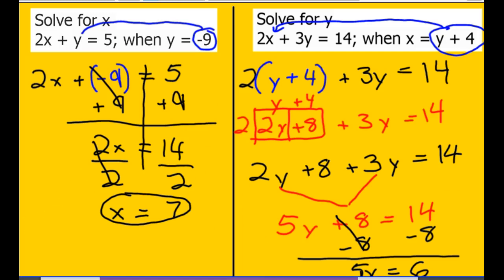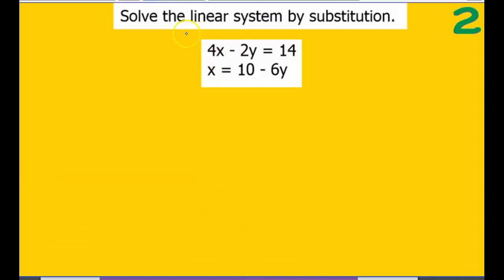So let's try some more. Here it says solve the linear system by substitution. We have 4x minus 2y equals 14 and x equals 10 minus 6y. We already have an x by itself, so we know that x equals 10 minus 6y. So the 10 minus 6y, we are going to replace with x.